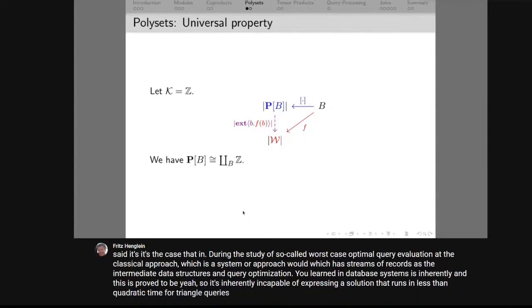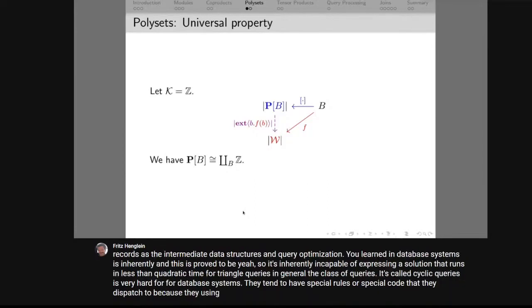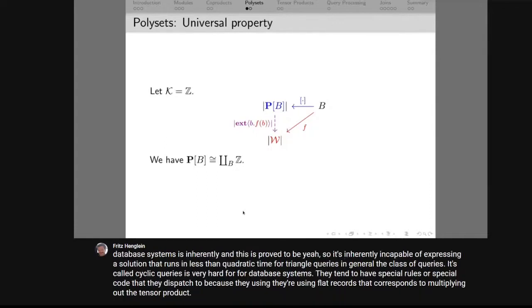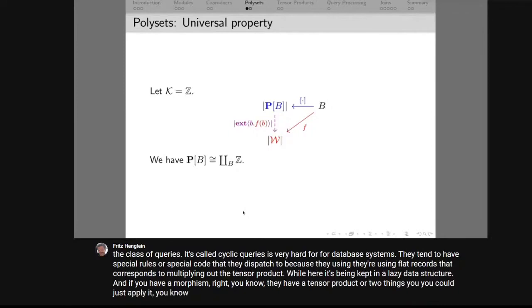In general, the class of queries called cyclic queries is very hard for database systems. They tend to have special rules or special code that they dispatch to, because they're using flat records, which corresponds to multiplying out the tensor product. While here it's kept in a lazy data structure, and if you have a morphism on a tensor product of two things, you can just apply it. Computing cardinality is a simple case.